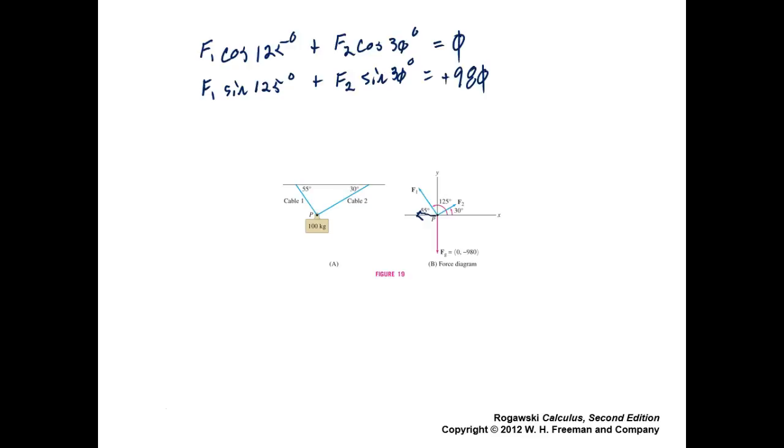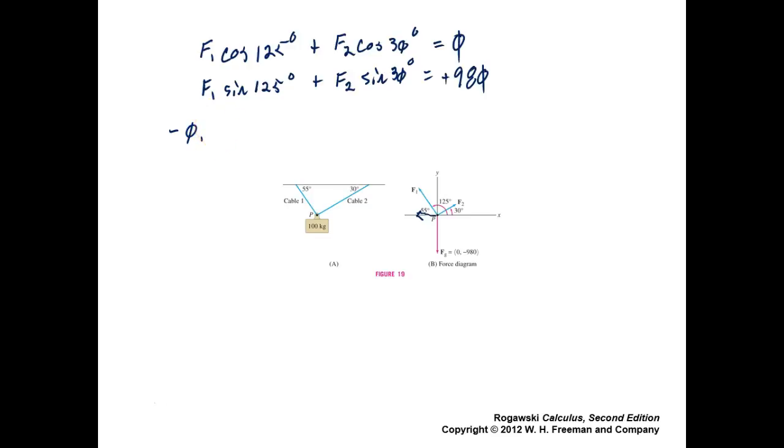What's cosine of 125? Anyone got that yet? We already said it was negative. Be sure you're in degree mode. Cosine of 125. Anyone got it?